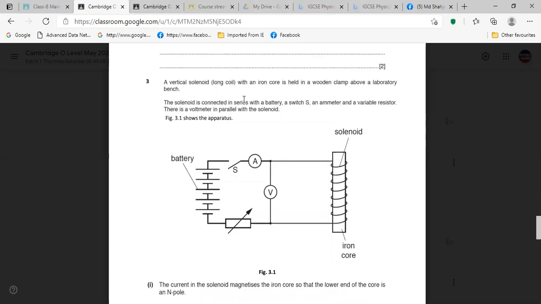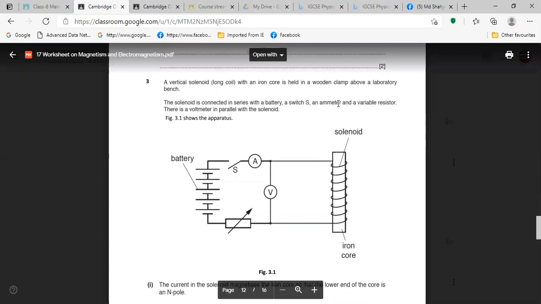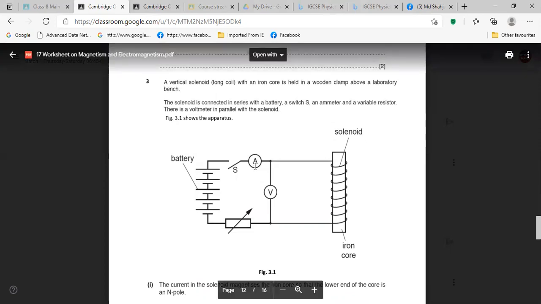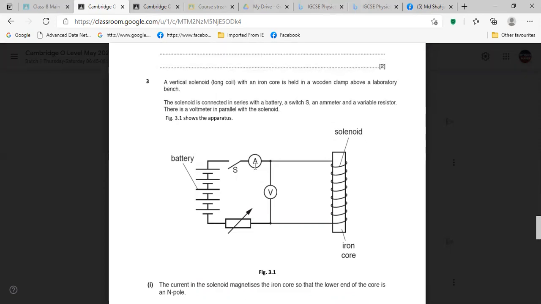The solenoid is connected in series with a battery, a switch S, and an ammeter. Ammeter is a device which is measuring current. And a variable resistor. There's a voltmeter in parallel with the solenoid.